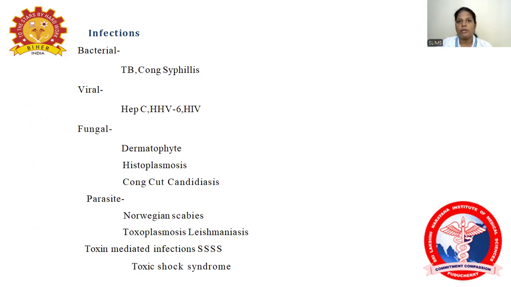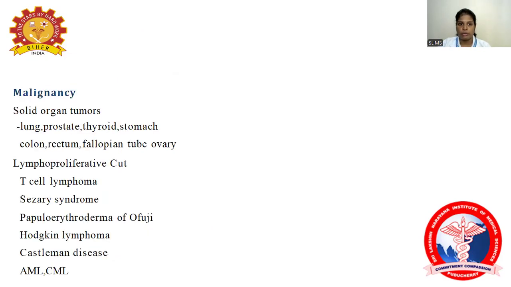Infections: bacterial like tuberculosis, congenital syphilis, viral conditions like hepatitis C, HHV6 and HIV, fungal infections like dermatophytes, histoplasmosis, congenital cutaneous candidiasis, parasitic conditions like Norwegian scabies, toxoplasmosis, leishmaniasis, and toxin-mediated infections like staphylococcal scalded skin syndrome and toxic shock syndrome.